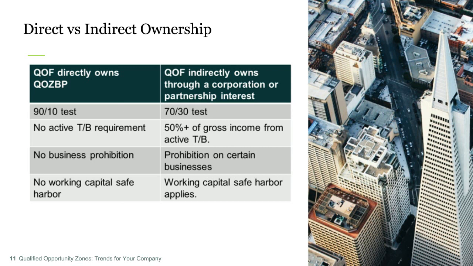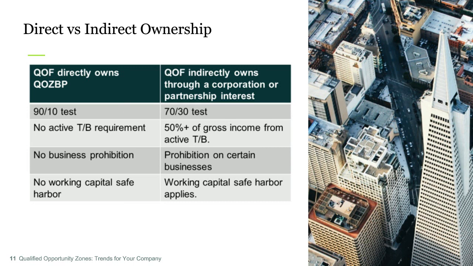There's also a working capital safe harbor. In a lot of these projects, it's not as if you take in the investor equity and start writing checks immediately to go vertical on the project. So through the tiered entity, you have a working capital safe harbor, which basically allows the entity to sit on some excess capital. As long as that is spent within 31 months, and it's clearly designated for this particular project, you can use a working capital safe harbor of 31 months to build out the project.